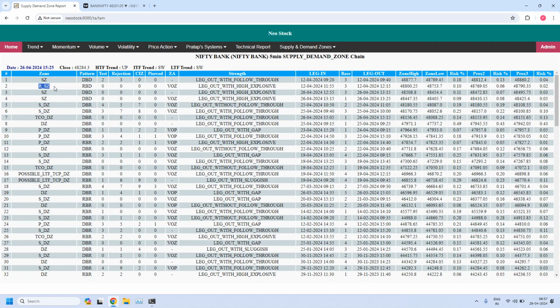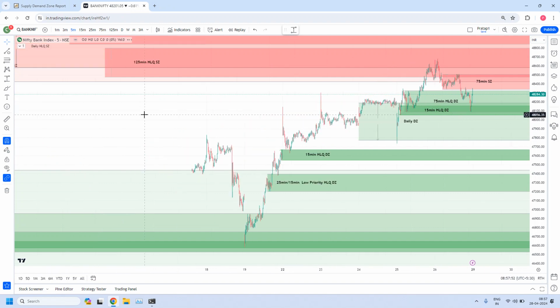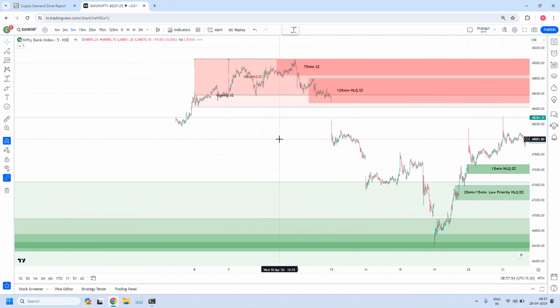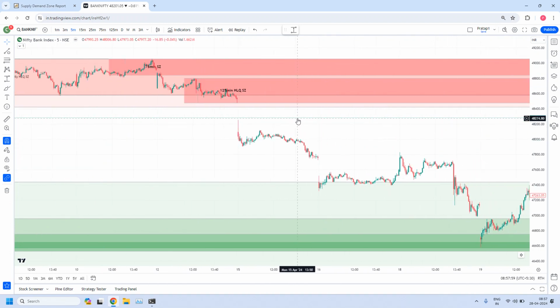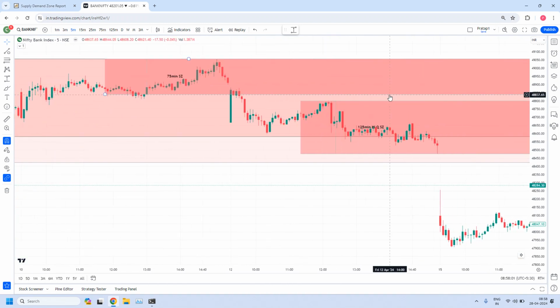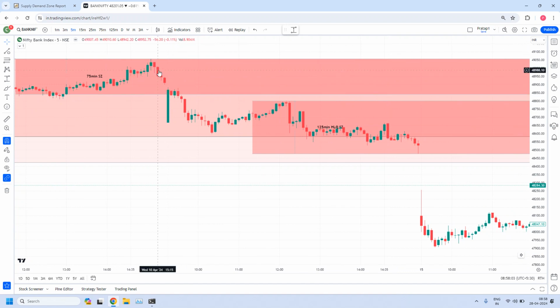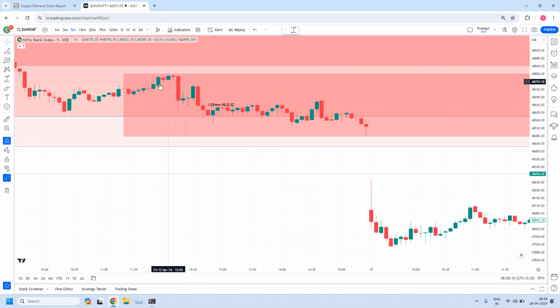Anyway, we have a high liquidity zone, a fresh zone. It was created on 12th April 11:55. Is it 12th April? Yeah. Yeah, this is the one. 12th April 11:55. After that, 3 base candles.